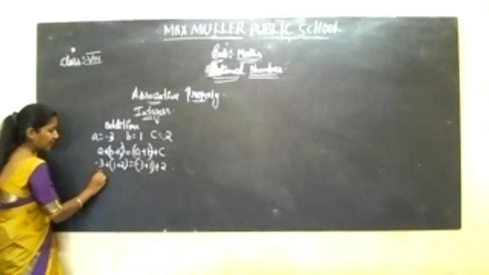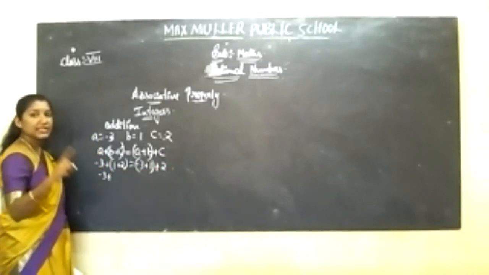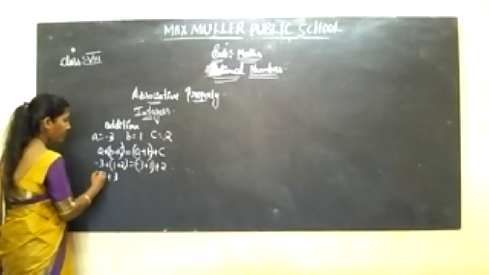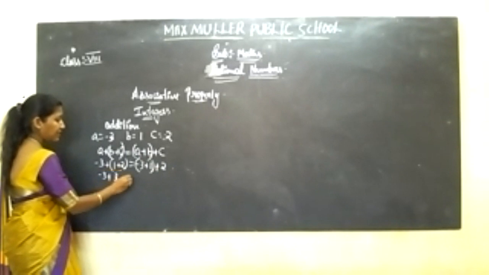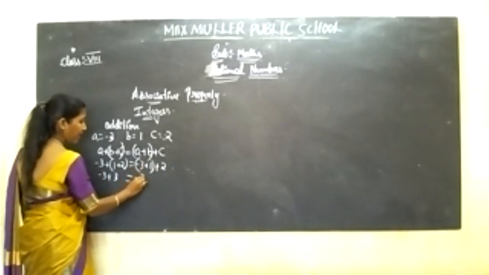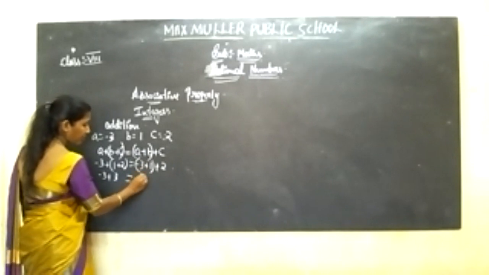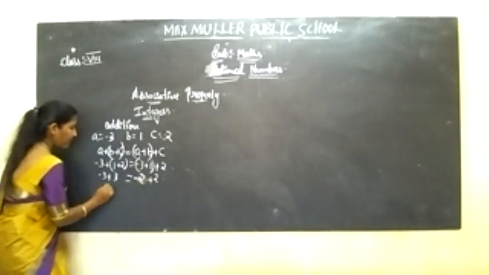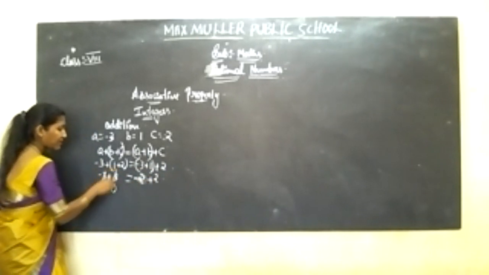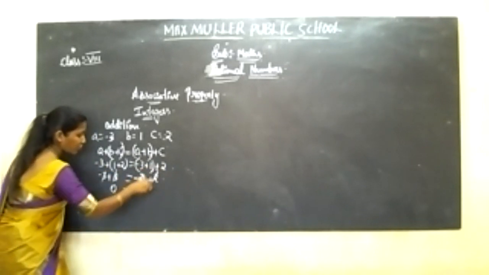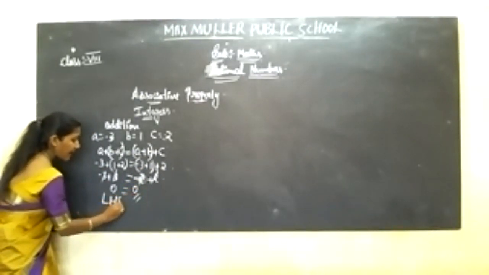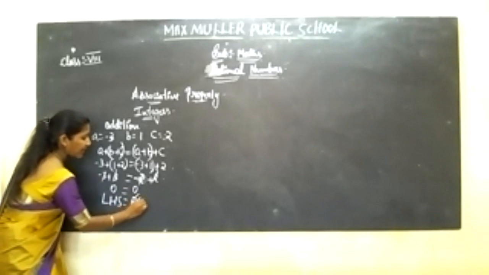Here -3, write as it is, and you solve the bracket first, that is 2 plus 1. It is 3, and here -3 plus 1 is -2, plus 2. Here the answer goes to 0. +3 and -3 get cancelled. -2 and +2, the answer goes to 0 here also. So LHS is equal to RHS.